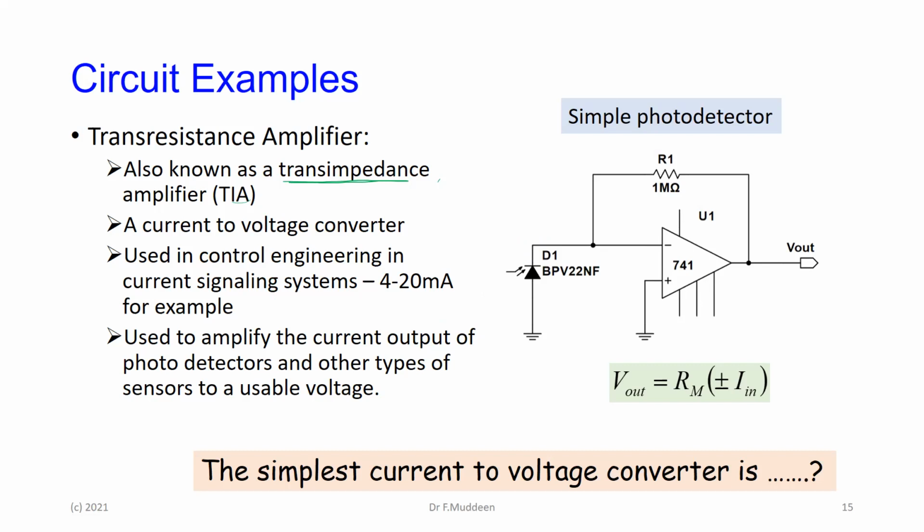And I had a question here from way back when we did it in class. What is the simplest current to voltage converter that you all have encountered already? Anybody remember that? What's the answer to that question?